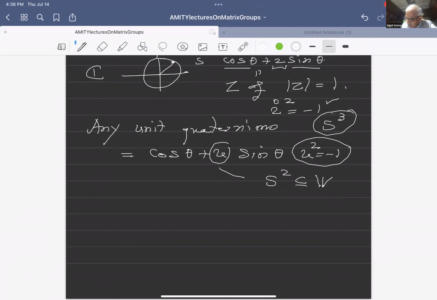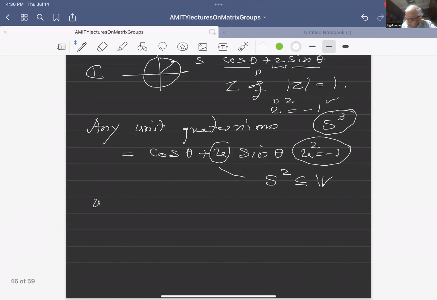Suppose I take two imaginary quaternions, u equal to ai plus bj plus ck, and v equal to xi plus yj plus zk. Now we can multiply them as we multiply quaternions.